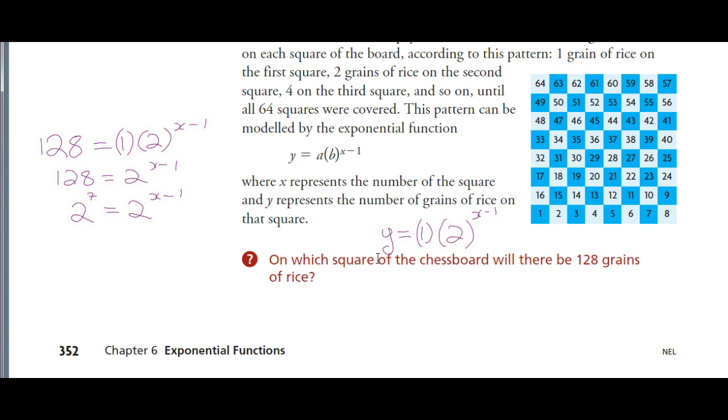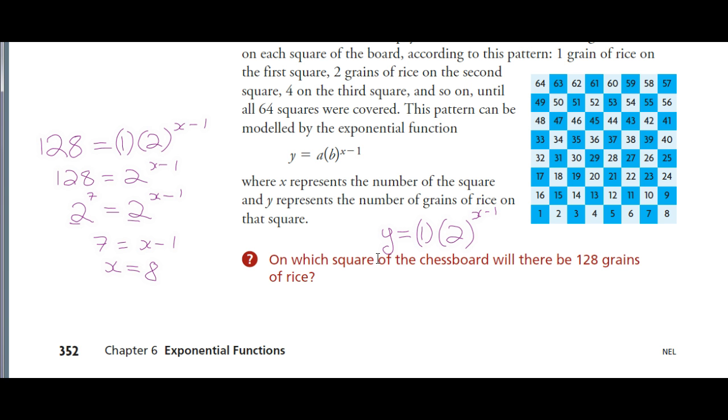They both have 2's here. So the 2's are the same, so 7 and x minus 1 must be the same. At this point, since we have the same base, we can just equate the exponents. We could say 7 is equal to x minus 1, so what's x? 8. So the 8th square.